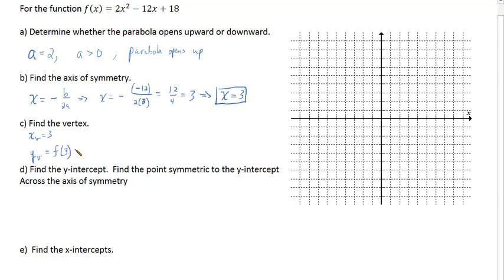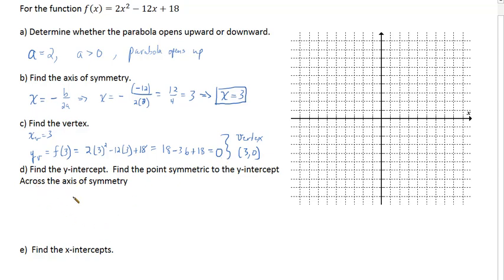So f of 3, that's 2 times 3 squared minus 12 times 3 plus 18. 2 times 3 squared, 2 times 9 is 18. 12 times 3 is 36, minus 36, then plus 18. And 18 minus 36 plus 18 is 0. So therefore, the vertex is the point 3, 0.